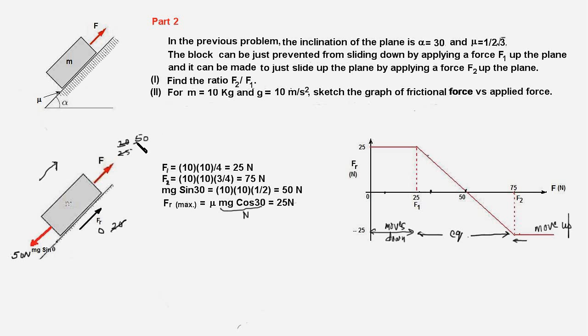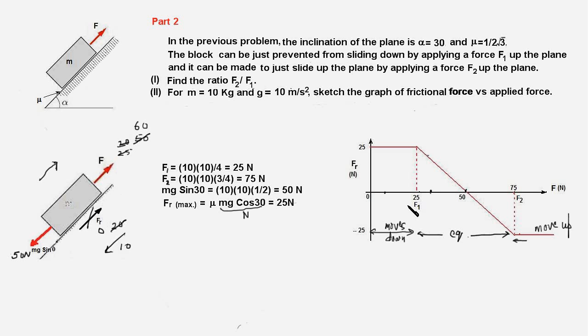Now if the applied force increases to, let's say, 60 newtons, the frictional force will change its direction and will now be equal to 10 newtons, so that 50 newtons of mg sin theta plus 10 newtons of the friction force will now be equal to 60 newtons of the force pulling it up, and therefore the block will be in equilibrium, because the forces pulling it down and pulling it up are matching.